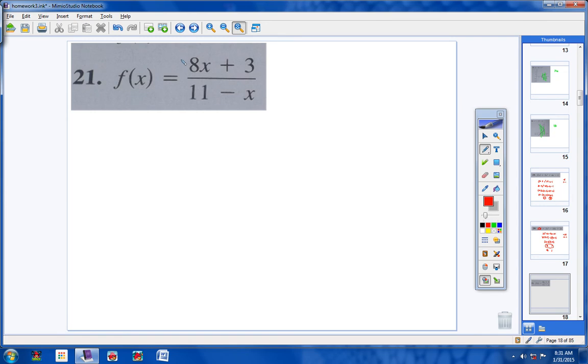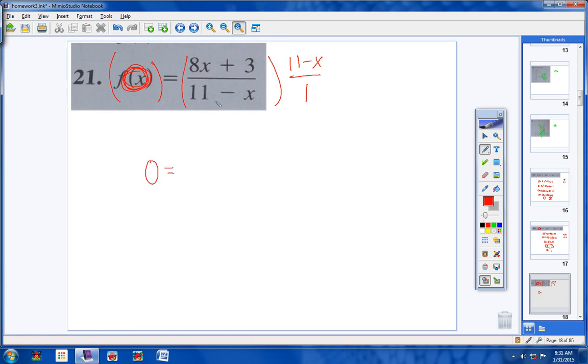Okay, number 21. Let's see here. Okay, now think about this for a second, students. Put a 0 in for your f of x, okay? Now, I don't want this fraction, so I'm going to multiply both sides by 11 minus x over 1, okay? Now, if you multiply that by this side over here, anything times 0 is 0.